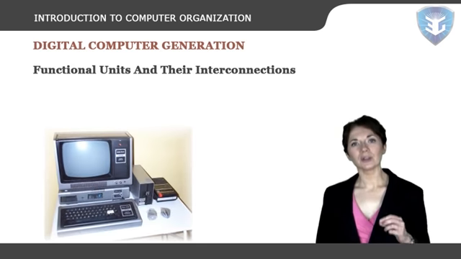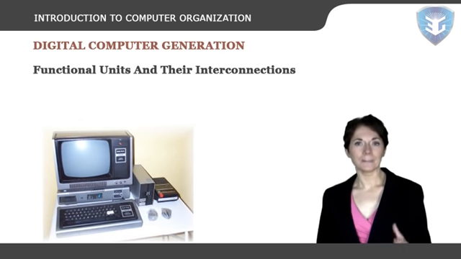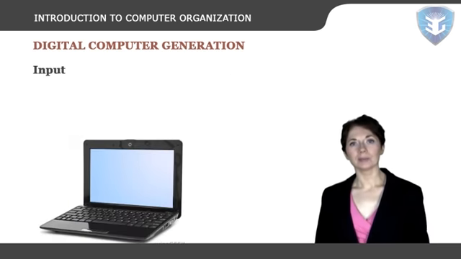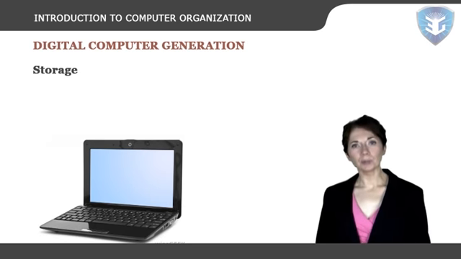Functional units and their interconnections. A computer can process data, pictures, sound, and graphics. They can solve highly complicated problems quickly and accurately. Input. This is the process of entering data and programs into the computer system. Storage. The process of saving data and instructions permanently is known as storage.